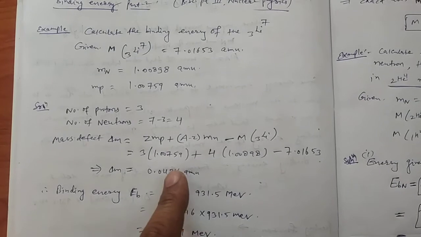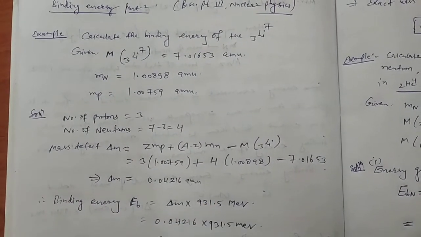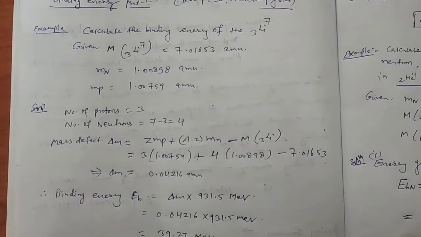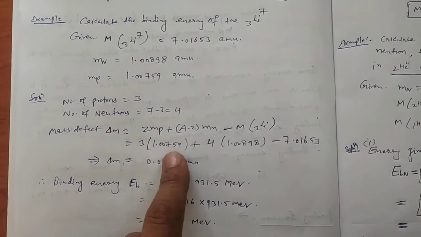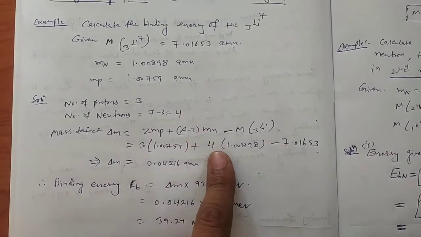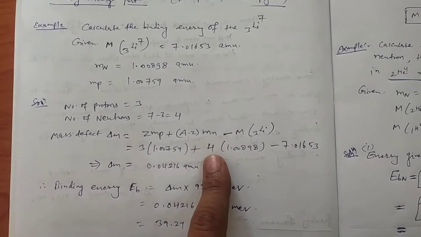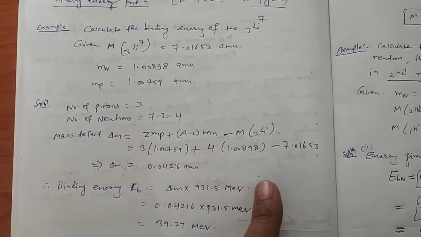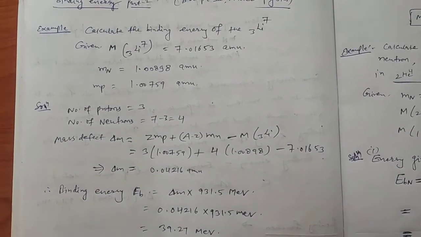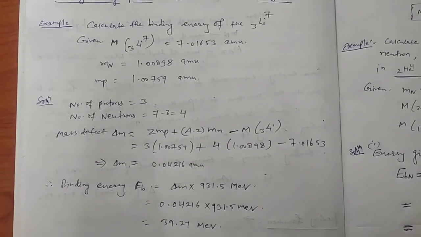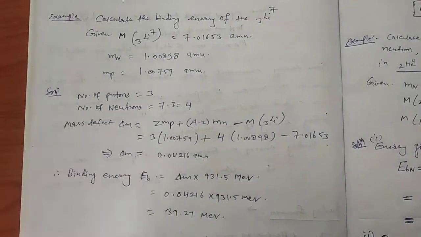So mass defect can be calculated in this way. Z times MP: Z is 3 and MP is the mass of proton, and A minus Z is the number of neutrons. So here the number of neutrons is 4 and the mass of neutron is 1.00898. So finally we get the value of delta M as 0.04216.